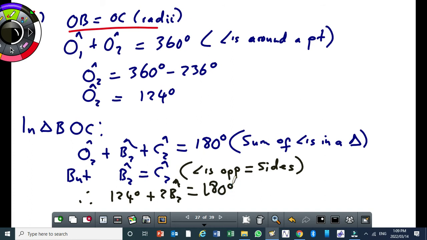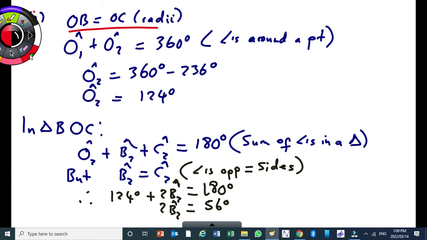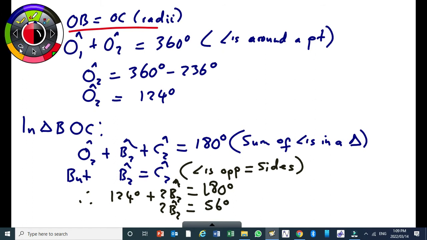Okay, then you subtract 124 from 180, so you get 2B2 is equal to 180 minus that, you get 56 degrees. Therefore, B2 is going to be 28.